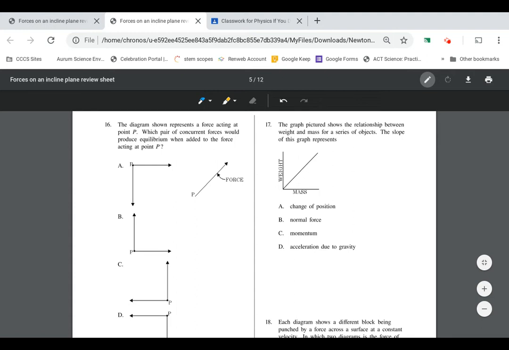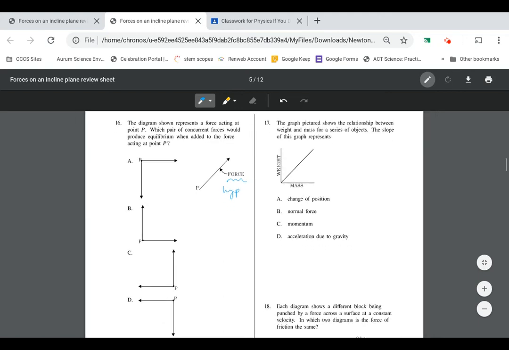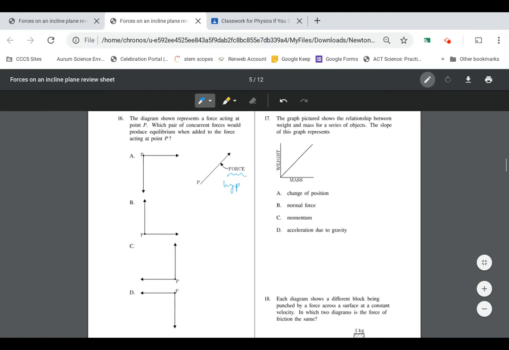Okay, so basically, this force is our hypotenuse. And then, which two vectors are its x and y components? Or could be its x and y components.